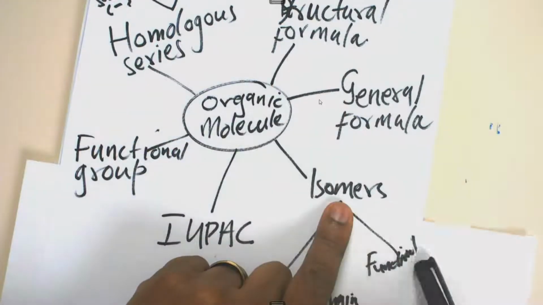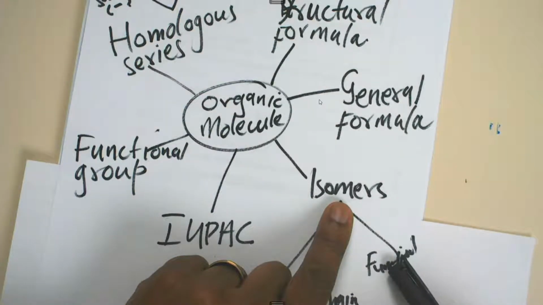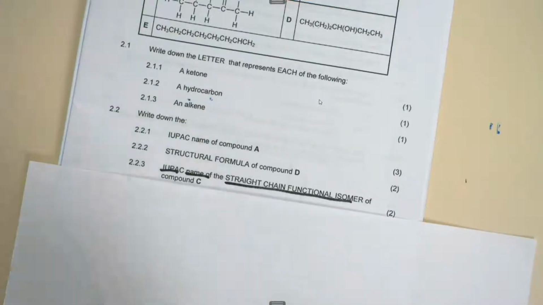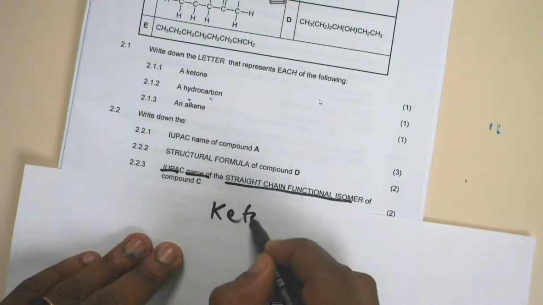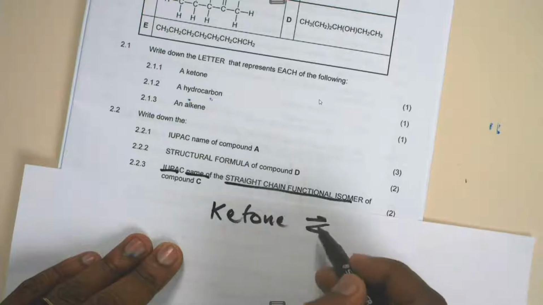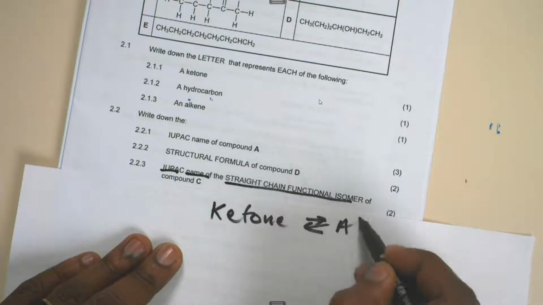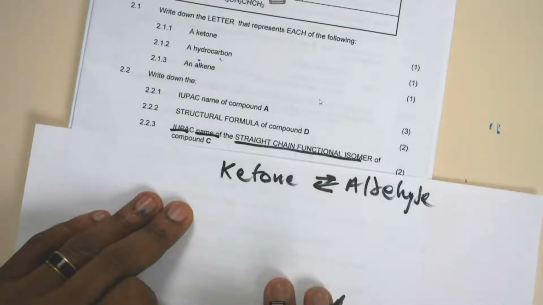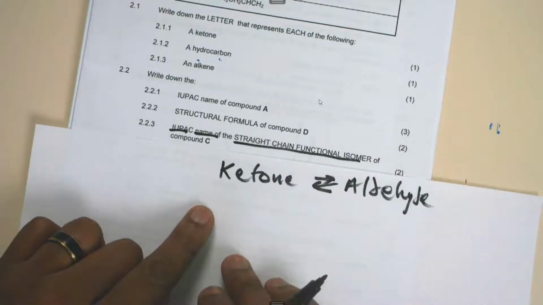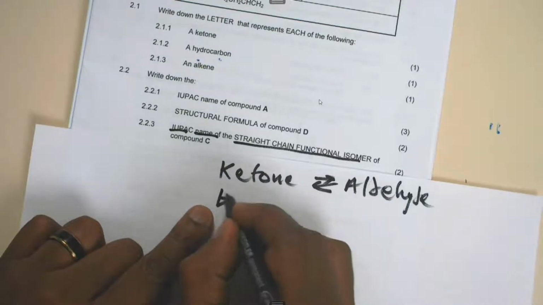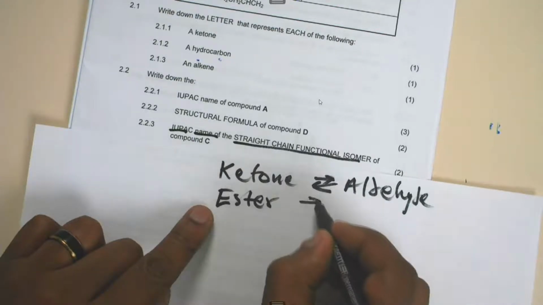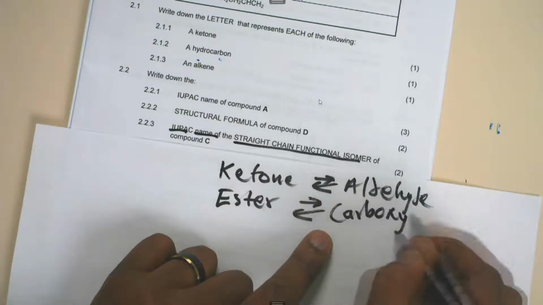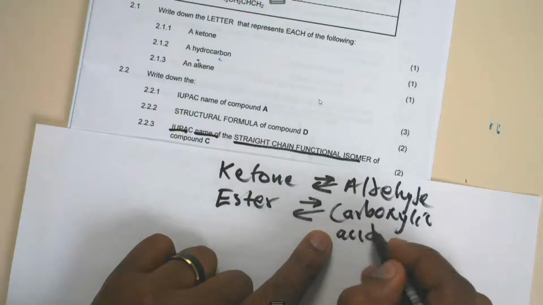It is going to be a functional isomer, because remember we said a ketone will change to an aldehyde. An aldehyde will also change to a ketone. These are my functional isomers. And then the other one is if I have an ester, the ester will change into a carboxylic acid, and the carboxylic acid will change into an ester.